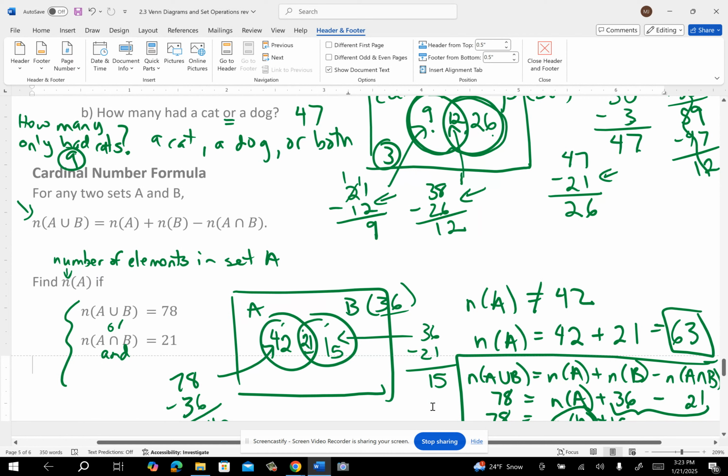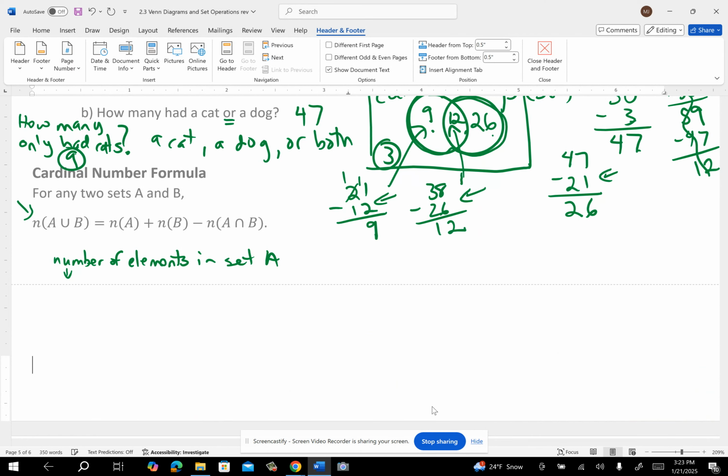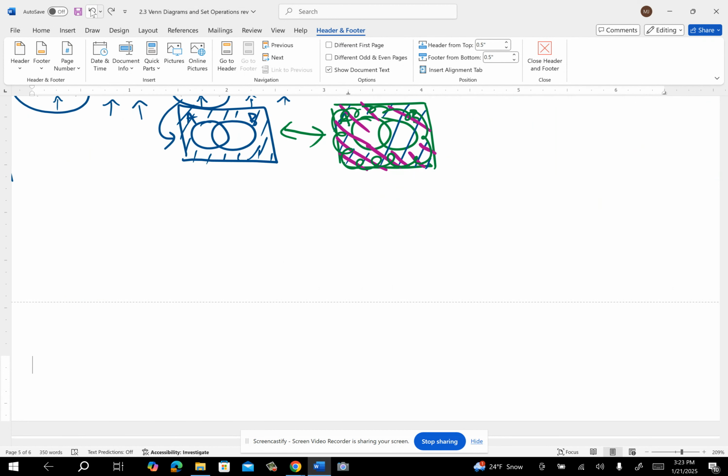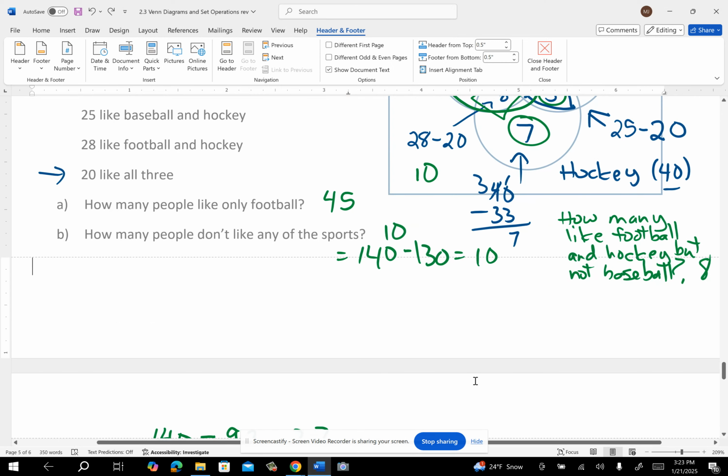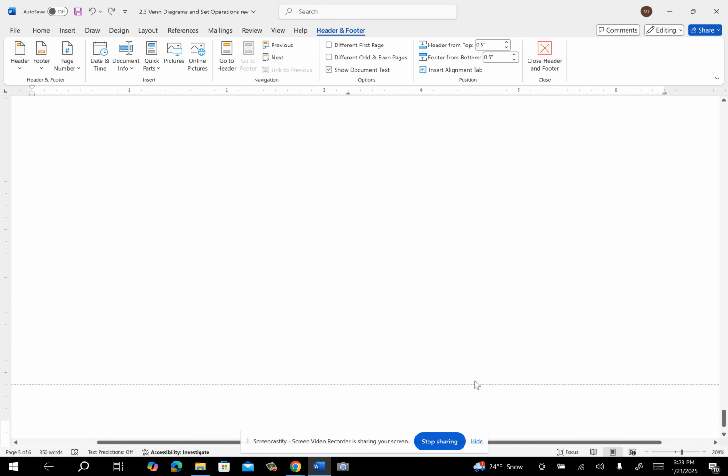Let's see if it'll give me another page. Undo. Sorry.